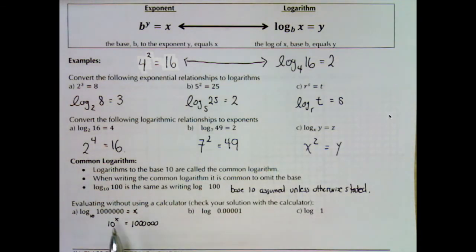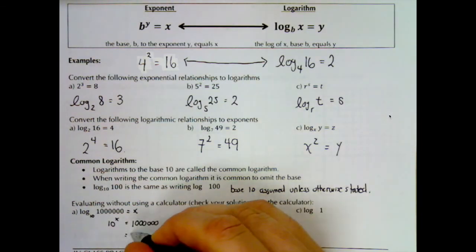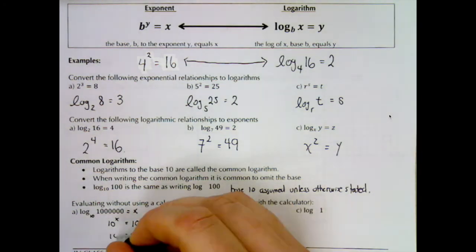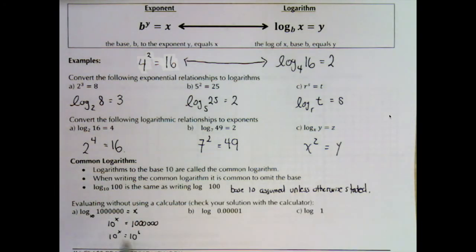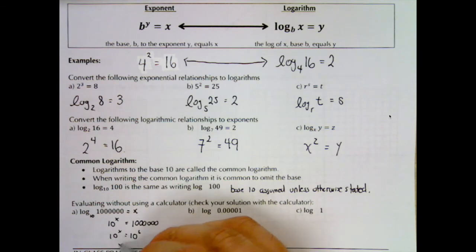And to find our answer, we could rewrite 1,000,000 as 10 to the exponent 6. Now when you have a common base, you can equate the exponents, so x would equal 6.